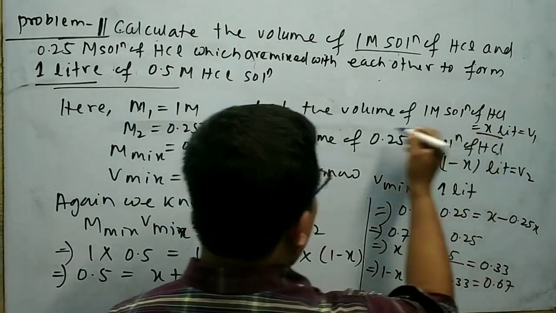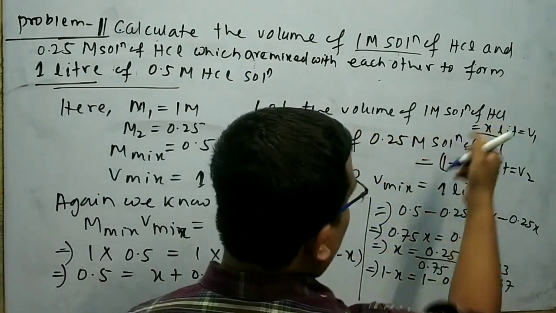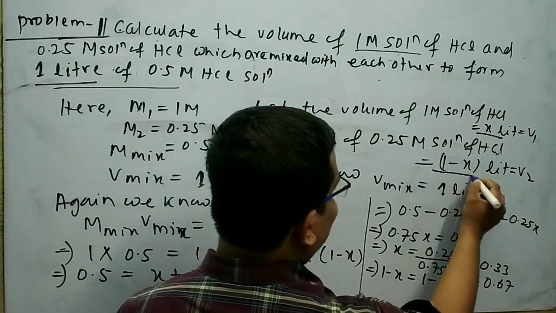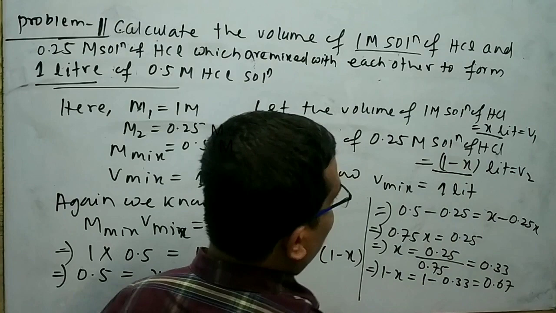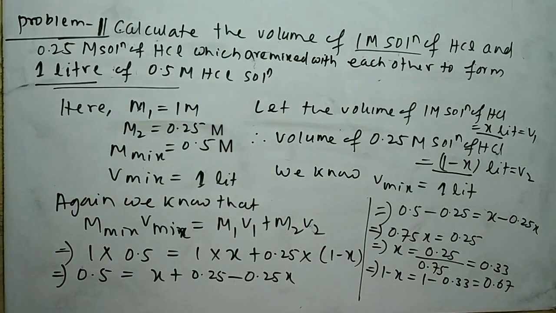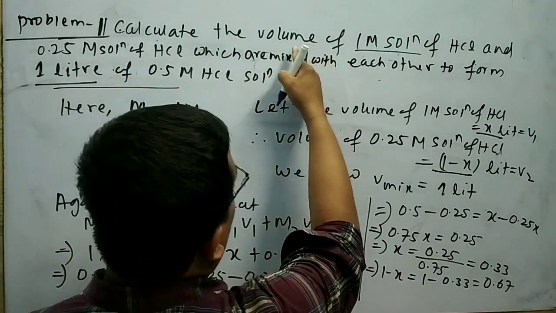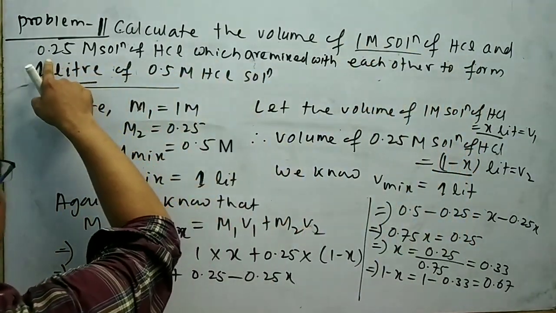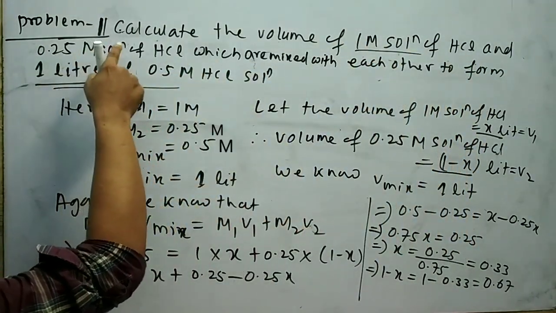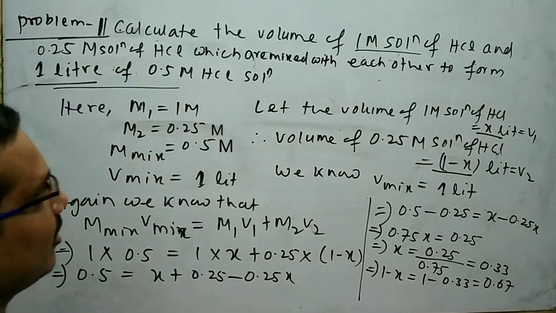Here x is the volume of 1m solution of HCl. 1 minus x is the volume of 0.25 m solution of HCl. Our question to find out the volume of 1m solution of HCl and volume of 0.25 m solution of HCl.